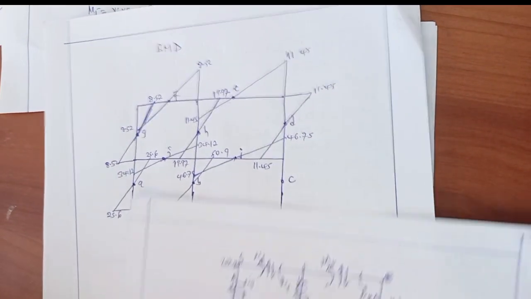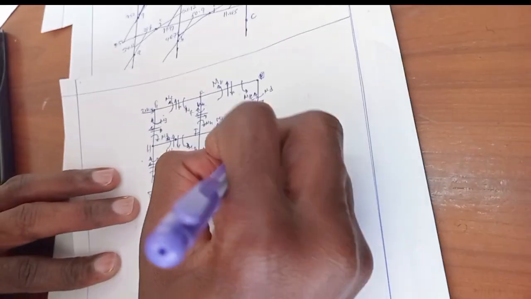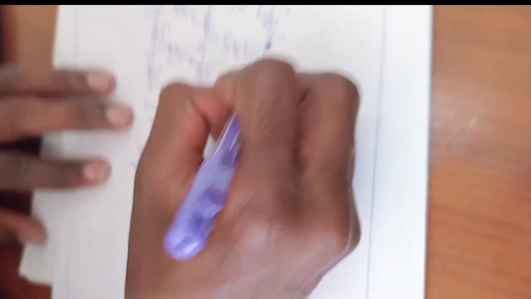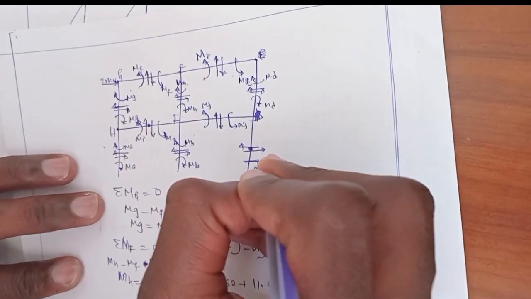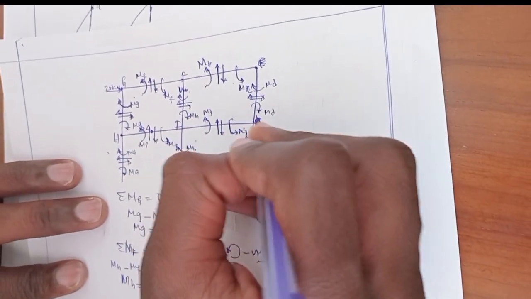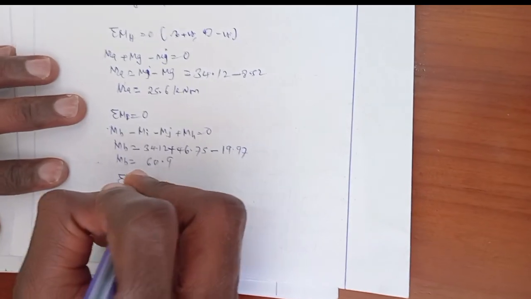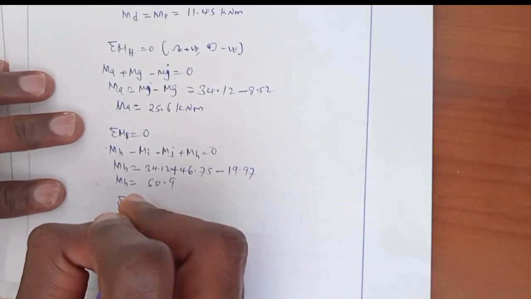Okay, let's go to this point C. Also here there are internal forces. This is MC. Summation of moment at point D, at ridge joint D.